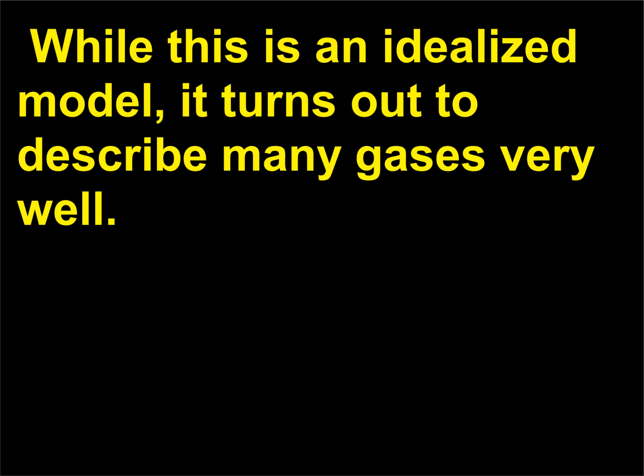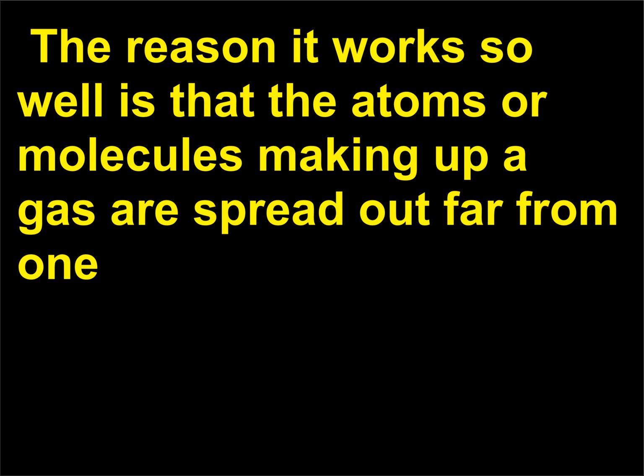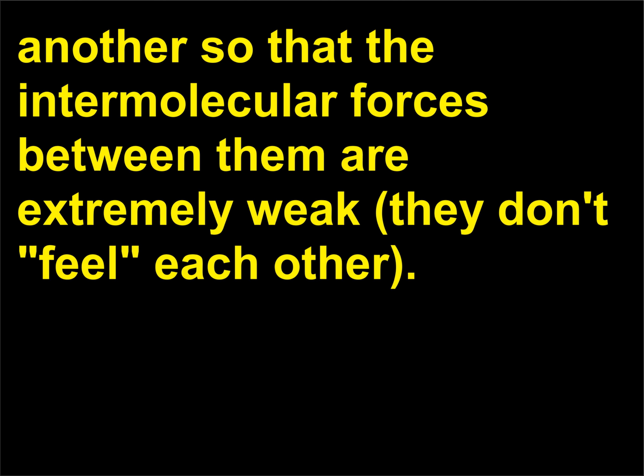While this is an idealized model, it turns out to describe many gases very well. The reason it works so well is that the atoms or molecules making up a gas are spread out far from one another so that the intermolecular forces between them are extremely weak, they don't feel each other.